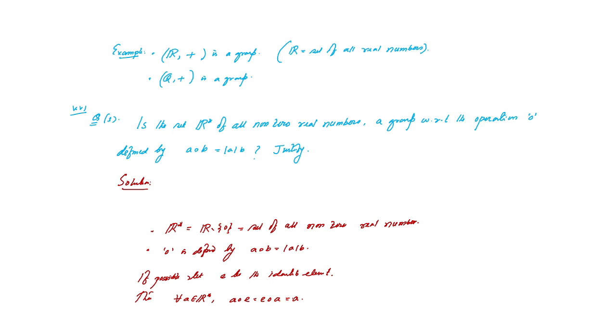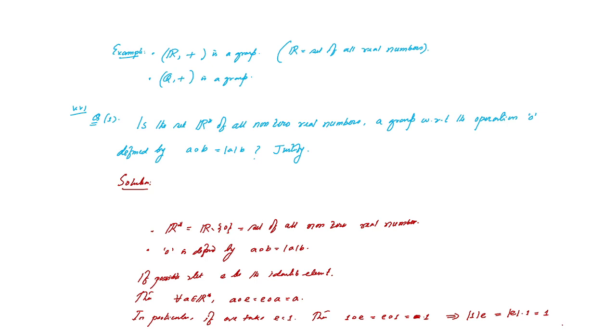So in particular, if we take E equals to 1, then what will happen? 1 not E equals to E not 1, that will be A. That will be 1. And that implies 1 not E, that means mod 1 E equals to mod A into 1, that will be 1.